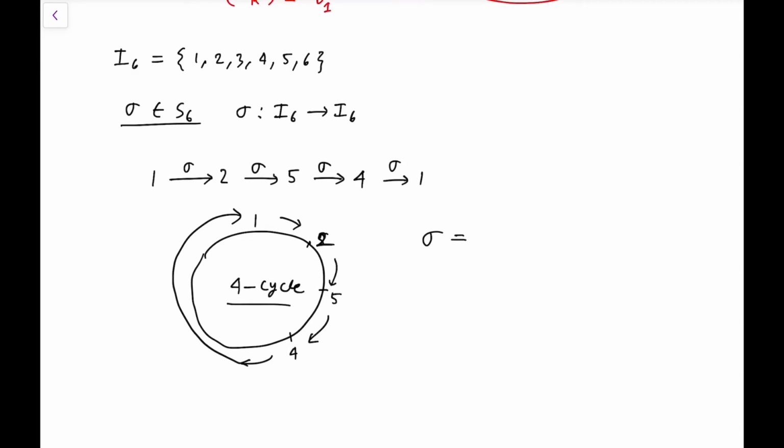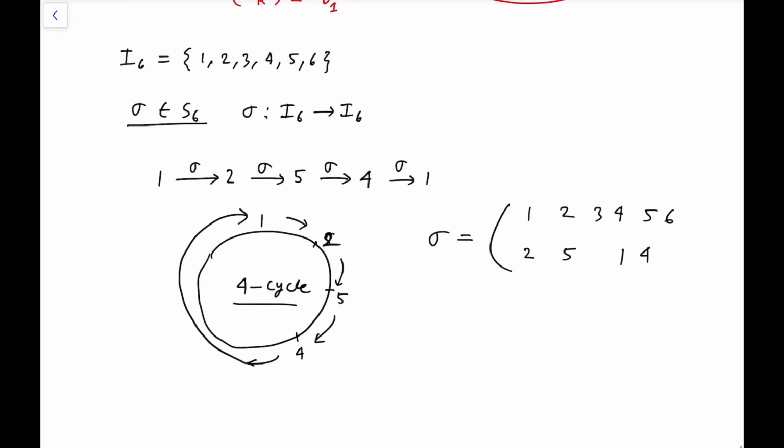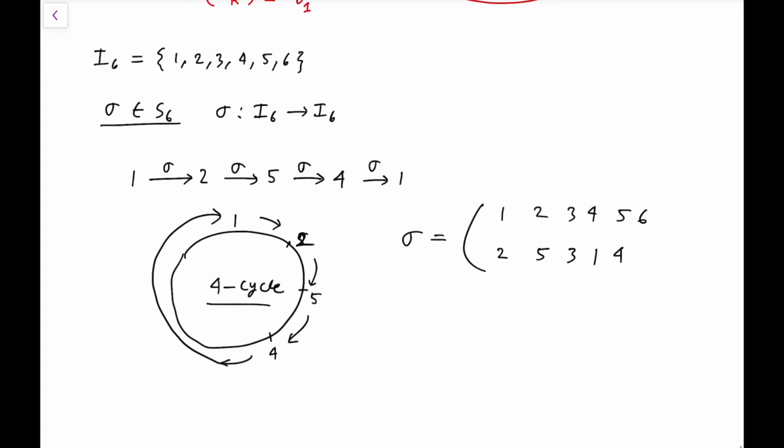So the element sigma in S6 is 1 2 3 4 5 6 over 2 5 3 1 4 6. 1 is mapped to 2, 2 is mapped to 5, 5 is mapped to 4, and 4 is mapped to 1, and the remaining elements 3 and 6 are mapped to themselves.